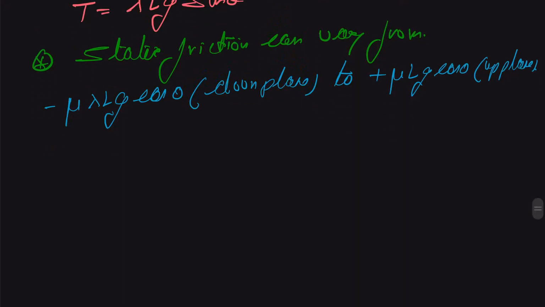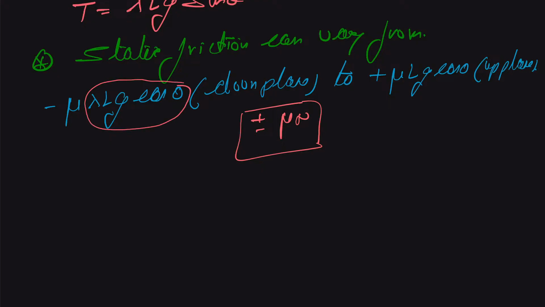And if we look closely, this is nothing but plus minus mu times N. So the value of the friction is going to vary between plus minus mu N, where N is our normal value.